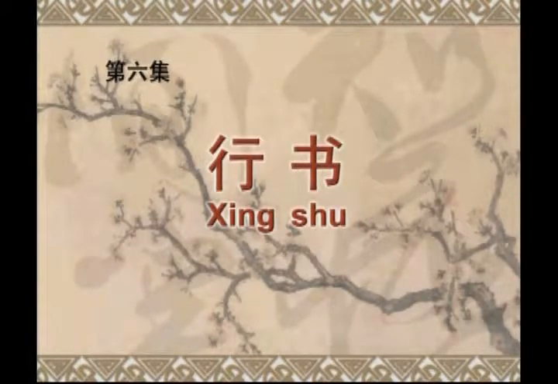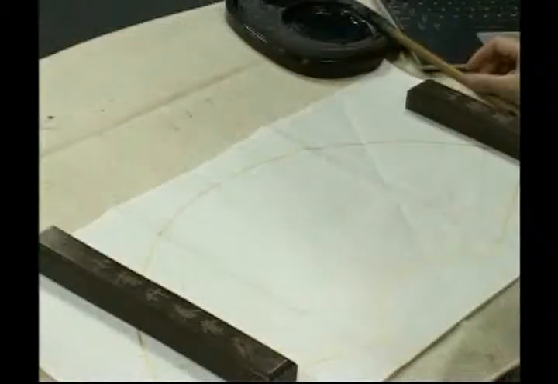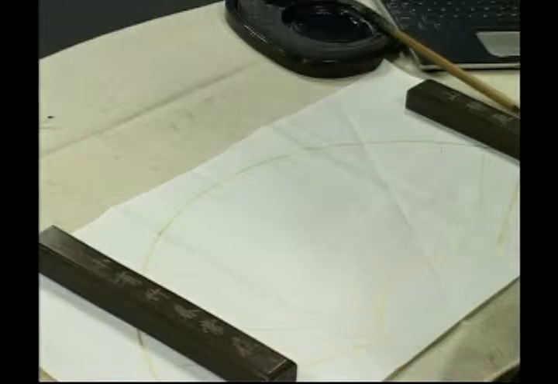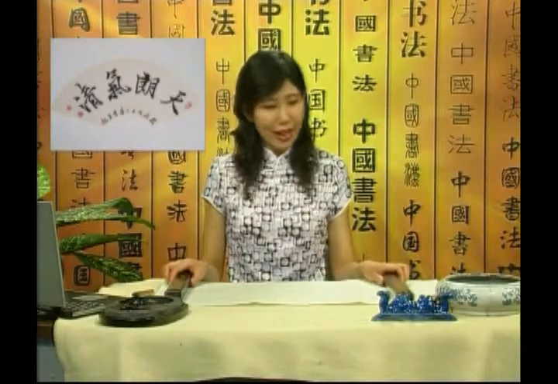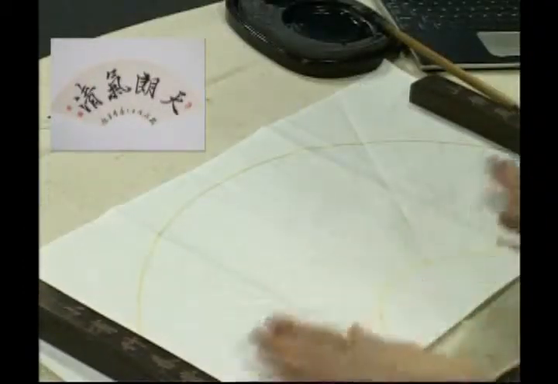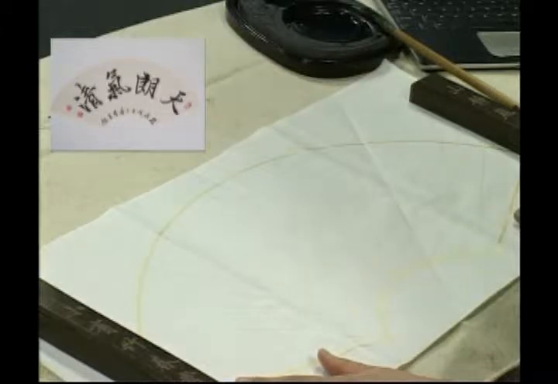行书. Today, I have chosen characters from the Orchid Pavilion essay. We are going to write 天朗气清, meaning the sky is clear and the air is pure. Take a look. This is a covering of a fan.